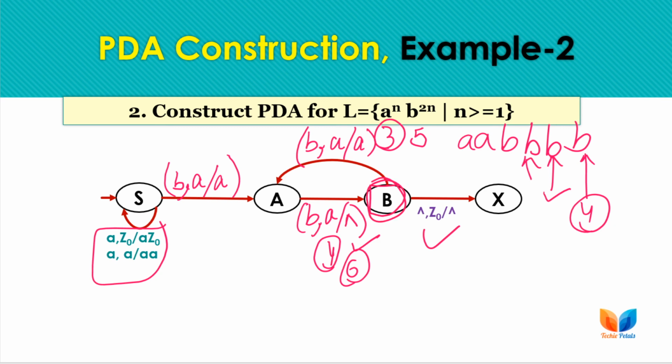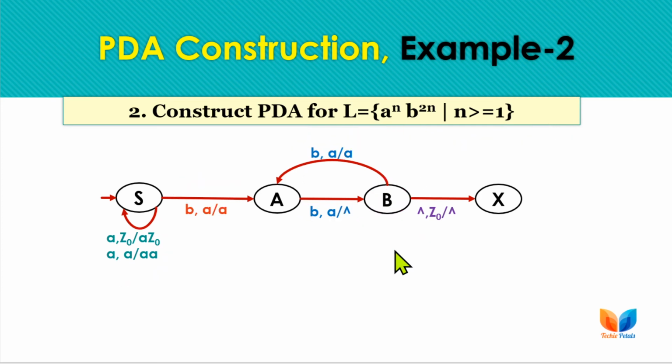We will be at this state only after reading all the B's and cancelling out half of the A's, then number of B's. Okay, and then we can simply show the acceptance once we reach the end of the string and the stack top is Z0. So we can show the acceptance by final state here.